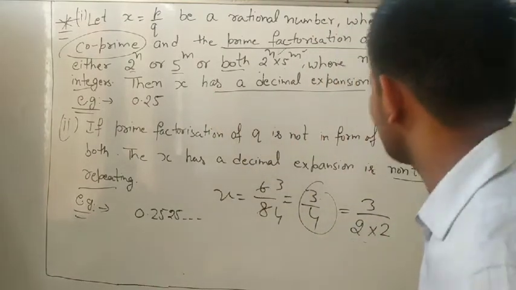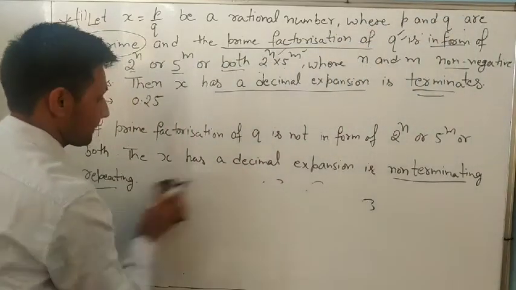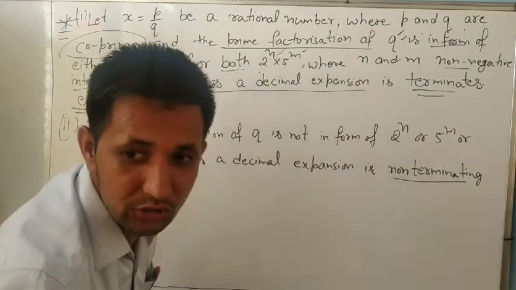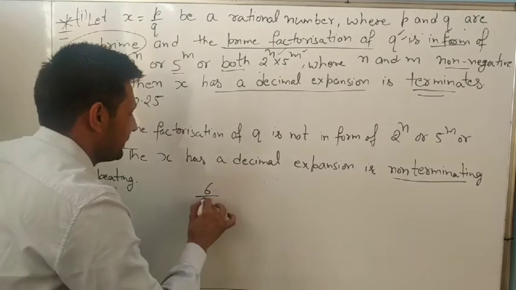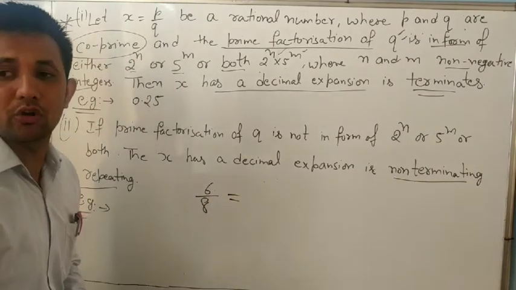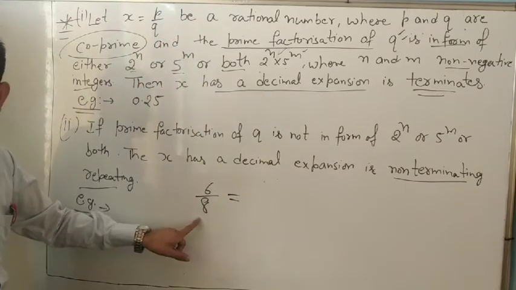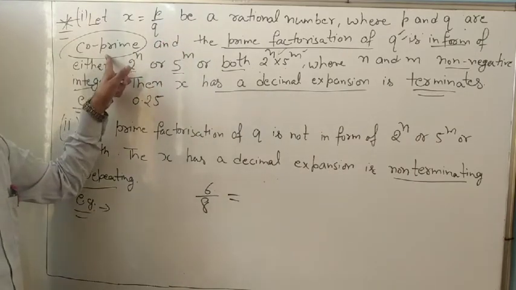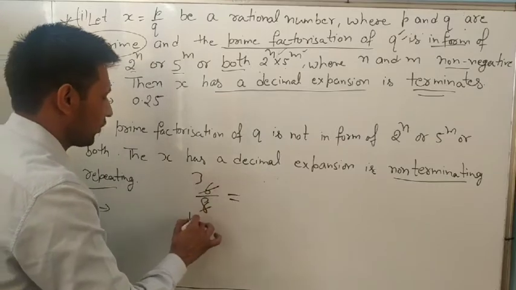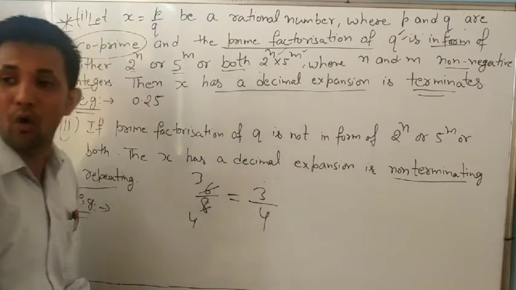In what case? Suppose 6/8, and the examiner asks whether it is terminating or not. So what do we do? Write x in p by q form, where p and q are co-prime. Cut 2: 3/4.